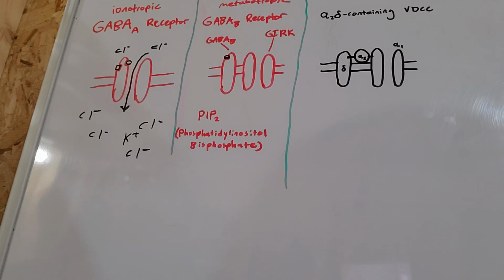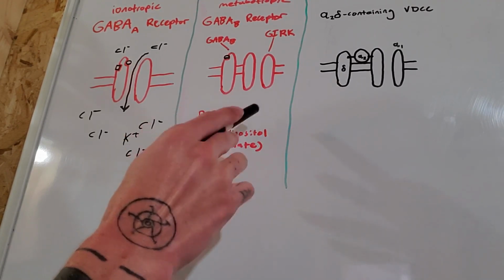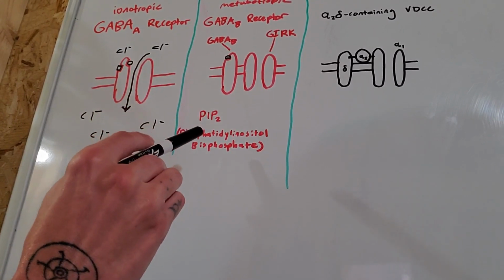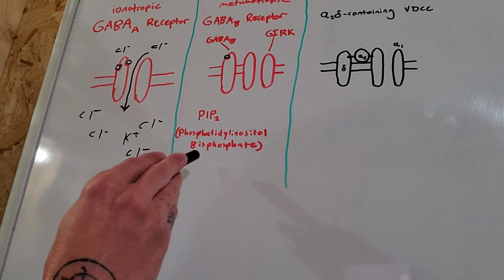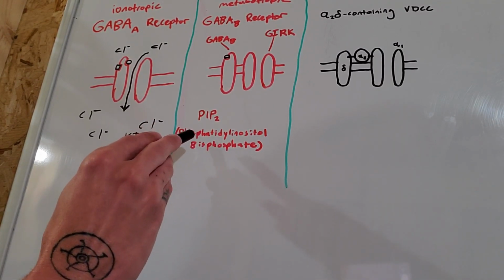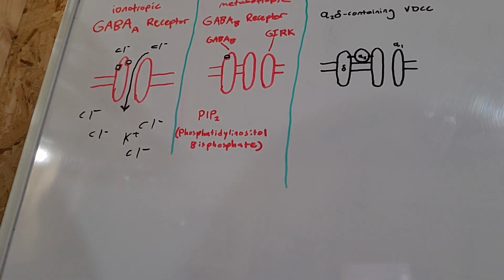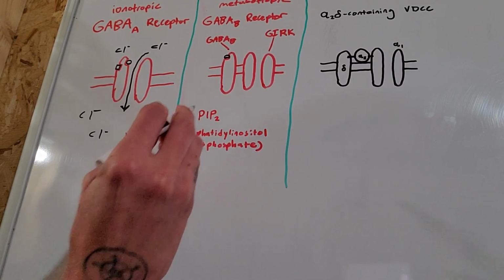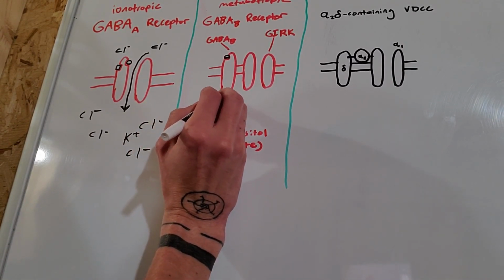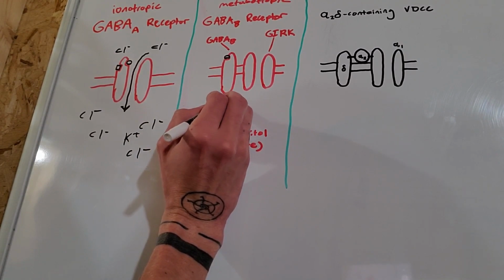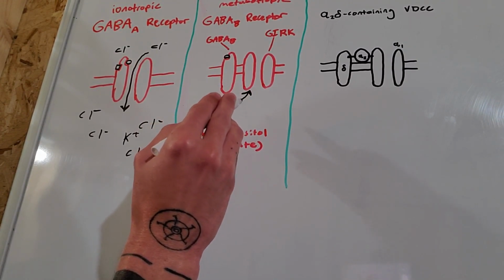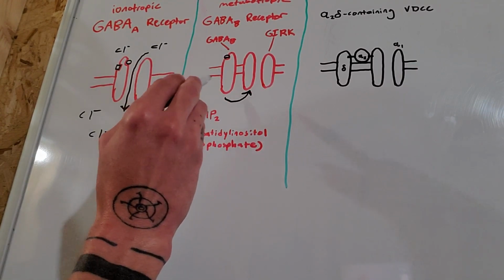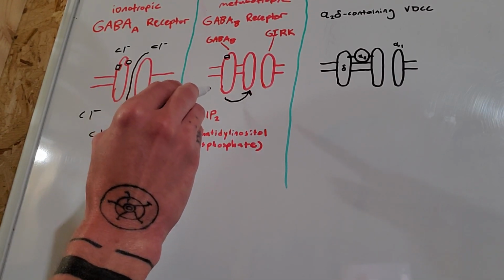Instead, what it does is it uses a secondary messenger within the cell. In the case of the GABA-B receptor, it uses PIP2, or phosphatidylinositol bisphosphate, which is a secondary messenger that is stimulated to interact with an ion channel that is adjacent to the G protein GABA-B receptor.